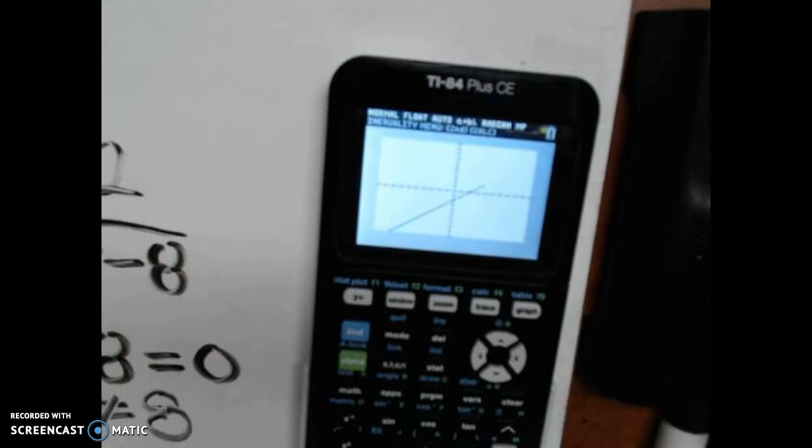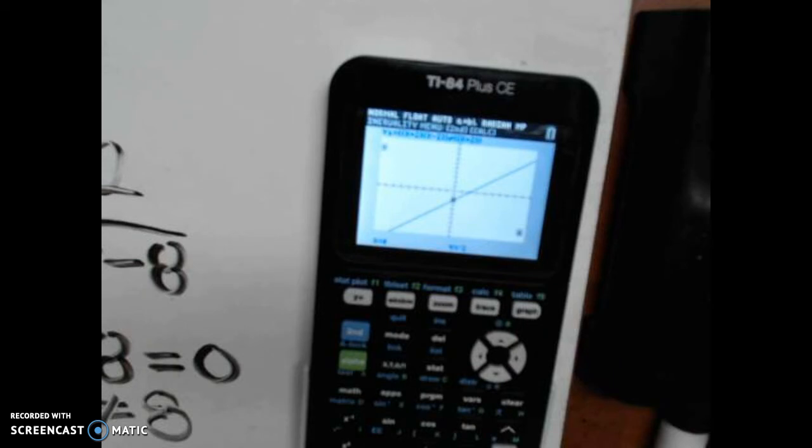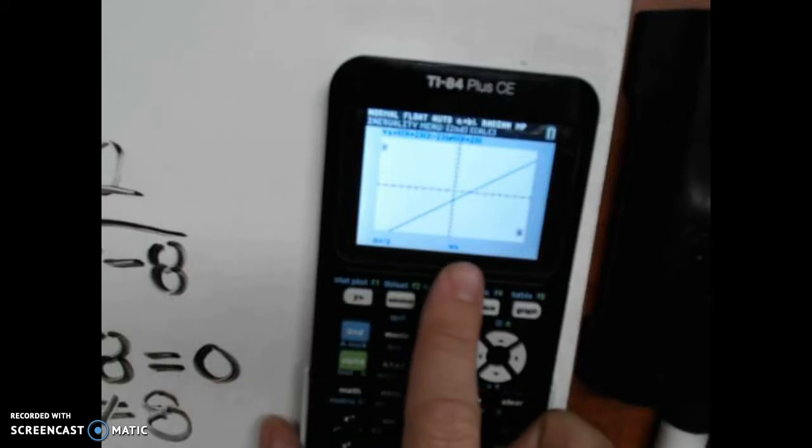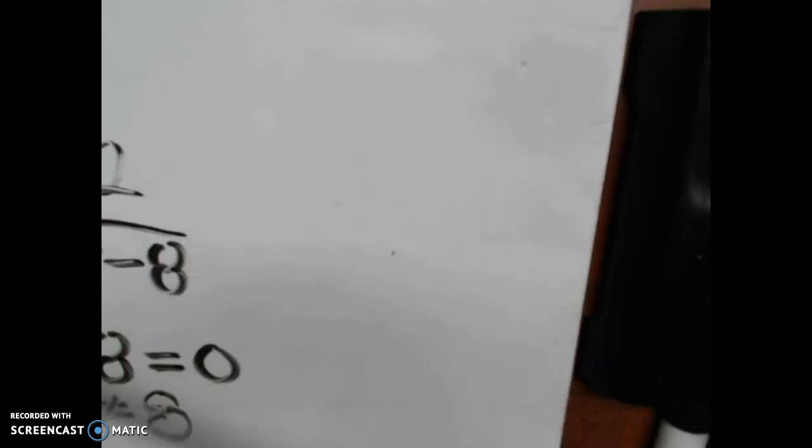So that all looks good, right? But the original problem still includes that denominator x plus 2. So now when we hit trace, that's fine, but if we plug in -2, there's the x value, but there's no y value associated with our original problem.